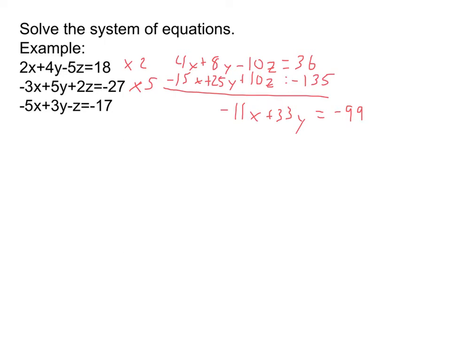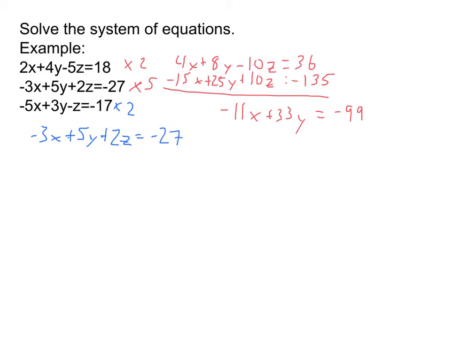Okay, so this time I'll go in blue. If I want my z's to cancel again, I'm going to leave the first equation alone and just multiply this equation by 2. So I'm going to keep the first equation, so negative 3x plus 5y plus 2z, whoops, that was a z, not a 2, plus 2z is equal to negative 27.